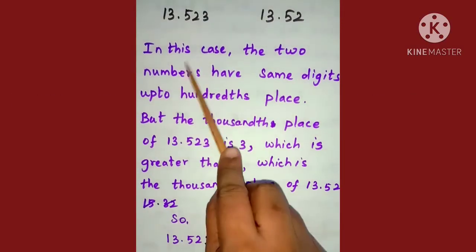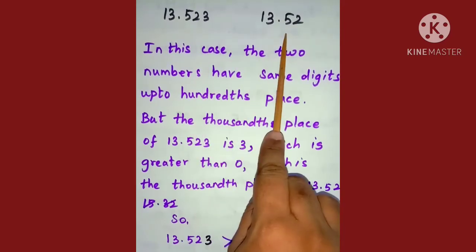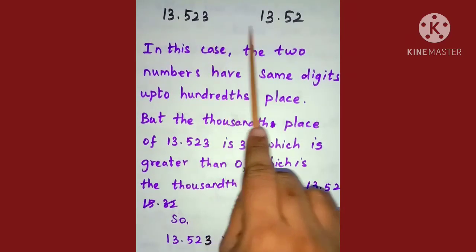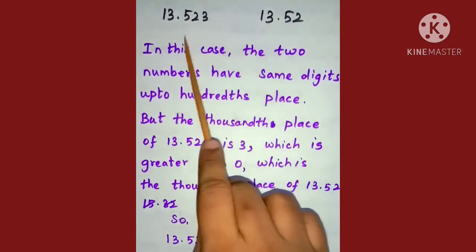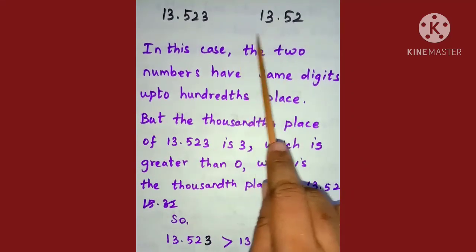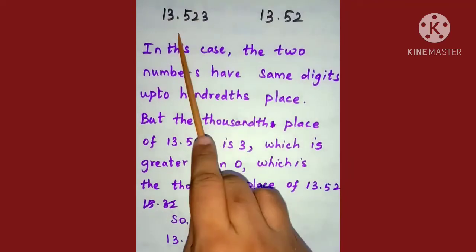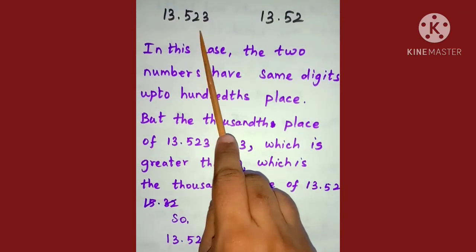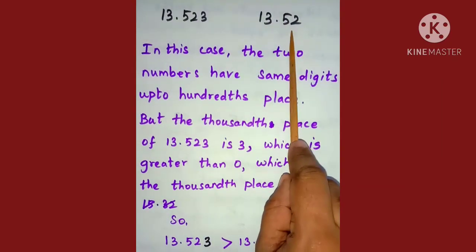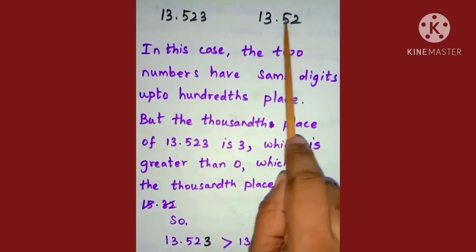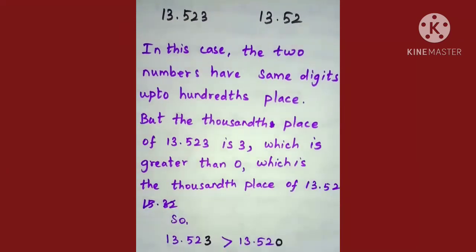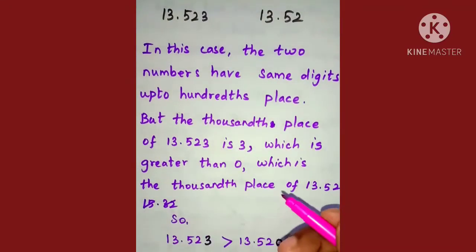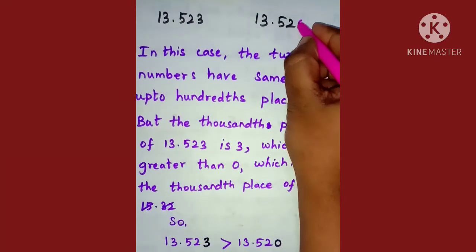Now students, we have two decimal numbers, 13.523 and 13.52, and here we can see that these are decimal numbers with unequal decimal digits, isn't it? Here 3 decimal digits are there and in the second one 2 decimal digits are there. So here we have to add 0 in the second decimal number.